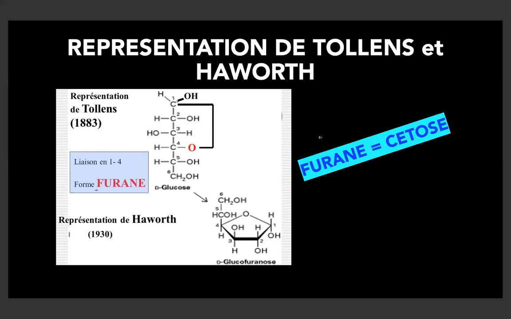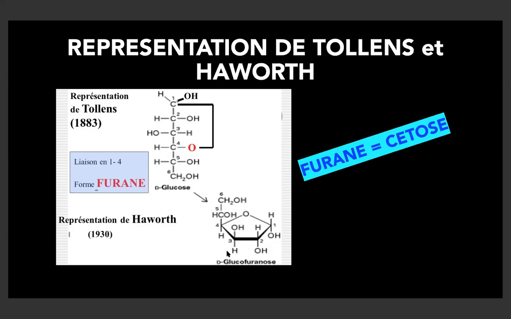It is defined only for cetose sugars, and the only cetose we have is fructose. If this was a fructose molecule, and not just glucose, we would have said it's going to be D-fructose.